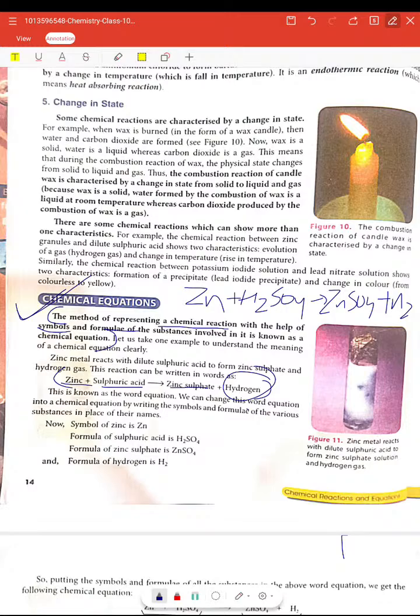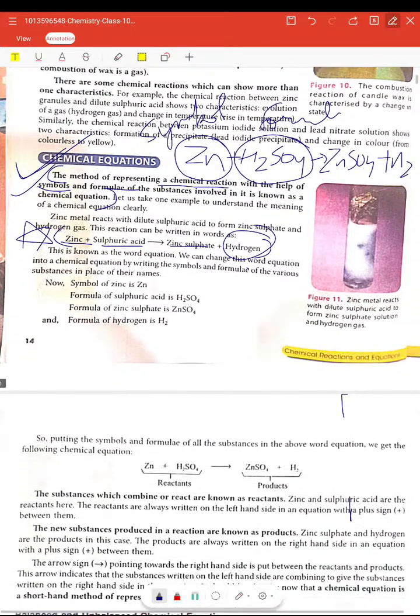We represent this whole chemical reaction in the form of symbols and formulas. When we represent a chemical reaction in the form of symbols and formulas, that is called a chemical equation.